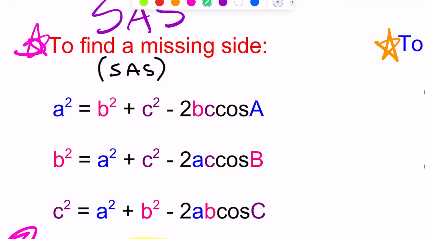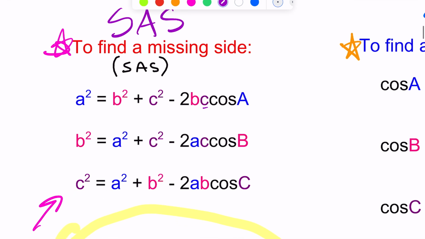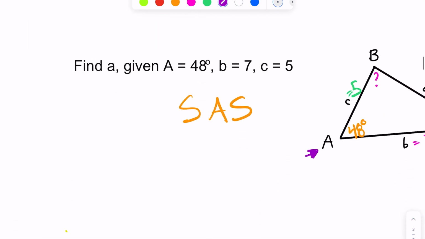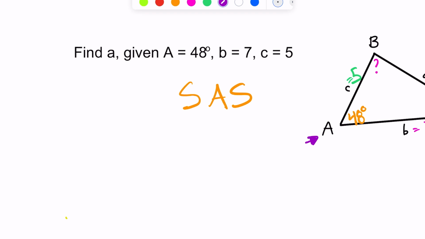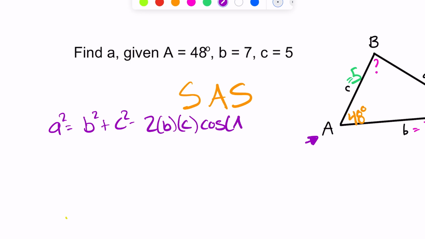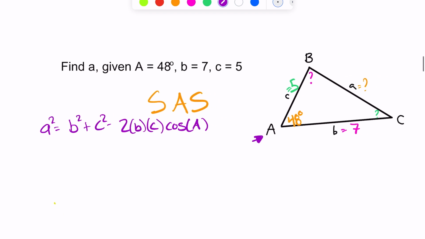So as I look here, I have angle A, I have C, I have B. So as I rewrite this, I'm going to be using this formula: a squared equals b squared plus c squared minus 2 times b times c, and that is times the cosine of my capital A. I have all of this information, except for little a, but I have everything on the right-hand side of this equal sign.